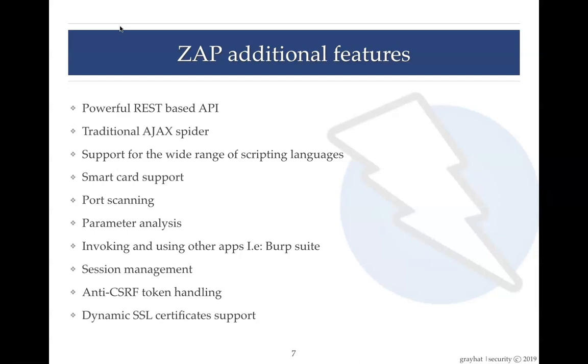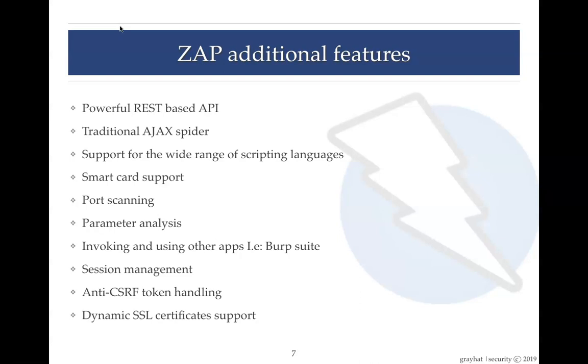The next thing is port scanning. You can scan the entire port ranges of web applications or web servers using this tool. So this is easy to use. There is parameter analysis as well, invoking and using other apps like Burp, and session management. You can also use session management for testing web applications that have authorized web pages.